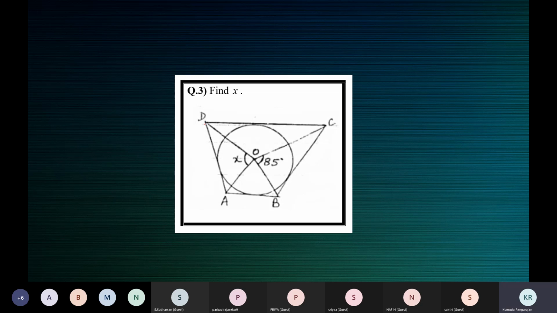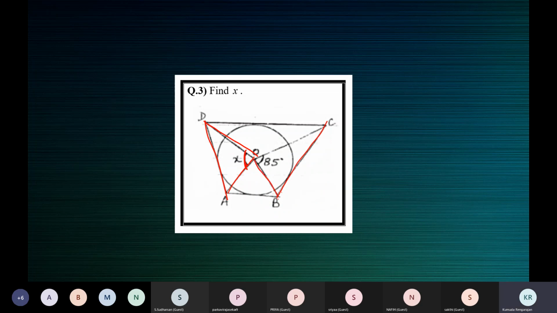Let's take up AD and BC first. What angle do they make at the center? So, as I always say, when you take up the side AD, join D to O, A to O. This is the angle subtended by AD at the center. Take the other side BC.